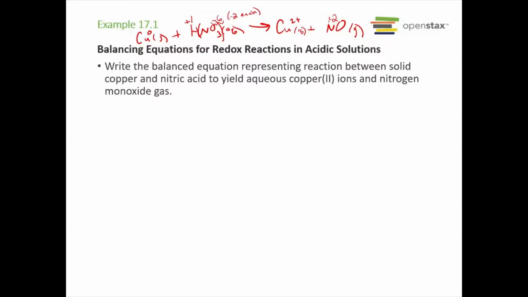So then we need this whole molecule to be neutral, so that means that this nitrogen has to be a positive 5. So looking at this, we can see that the copper is oxidized in that it goes up in oxidation number from 0 to positive 2.